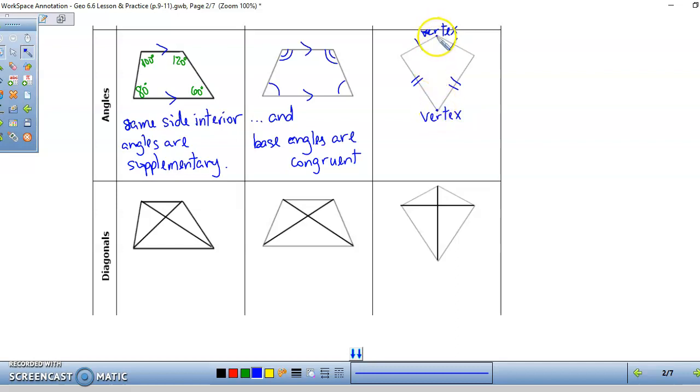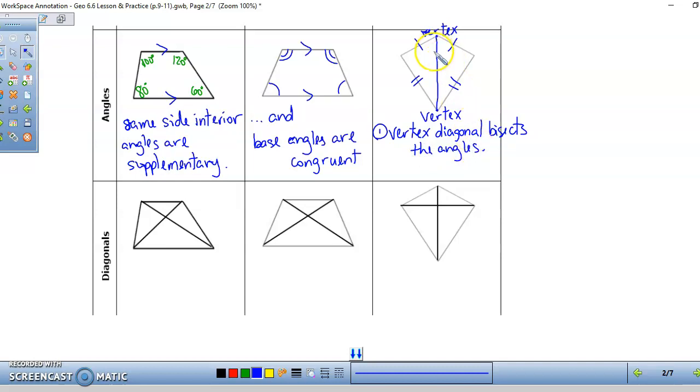So if I were to draw this diagonal in, there are two things I can write. So one, the vertex diagonal, that's what that's called. The vertex diagonal bisects the angles.